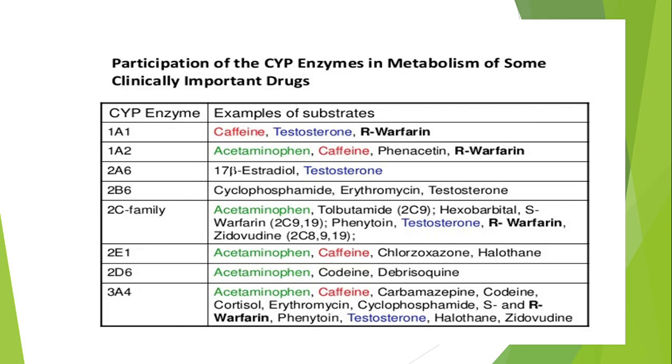CYP2D6: acetaminophen, codeine, and debrisoquine. These are examples of the substrates. CYP3A4: acetaminophen, caffeine, carbamazepine, codeine, cortisol, erythromycin, cyclophosphamide, S and R warfarin, phenytoin, testosterone, halothane, zidovudine.